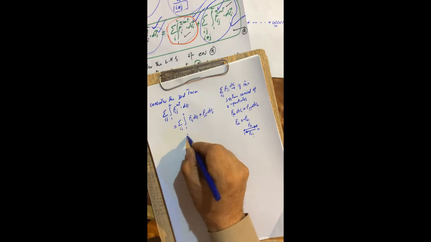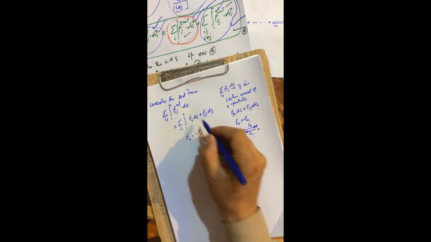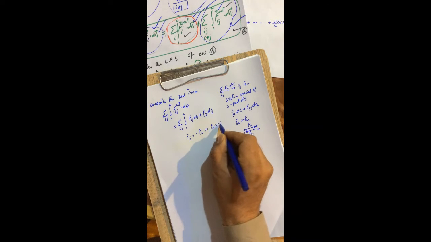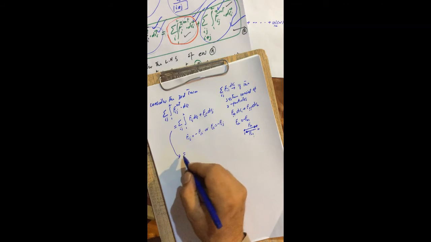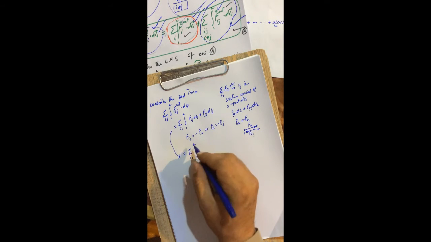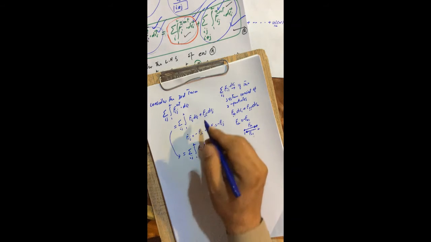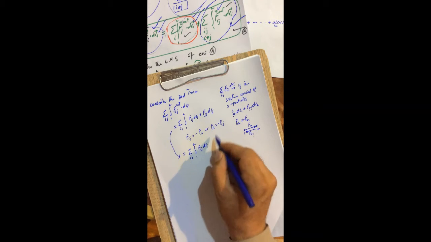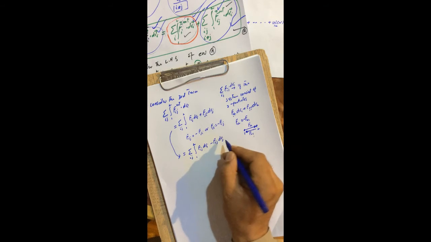But we know that Fij is equal to minus Fji, or Fji is equal to minus Fij. So I can write sum over ij integral from 1 to 2, Fij dri, and I replace Fji by minus Fij, and we have drj.